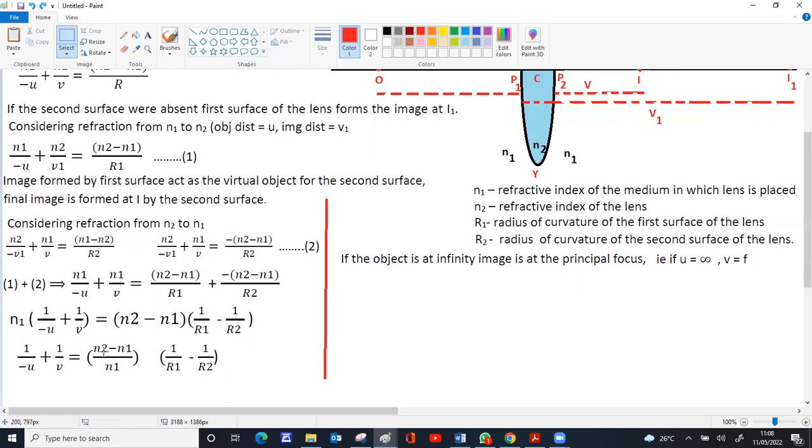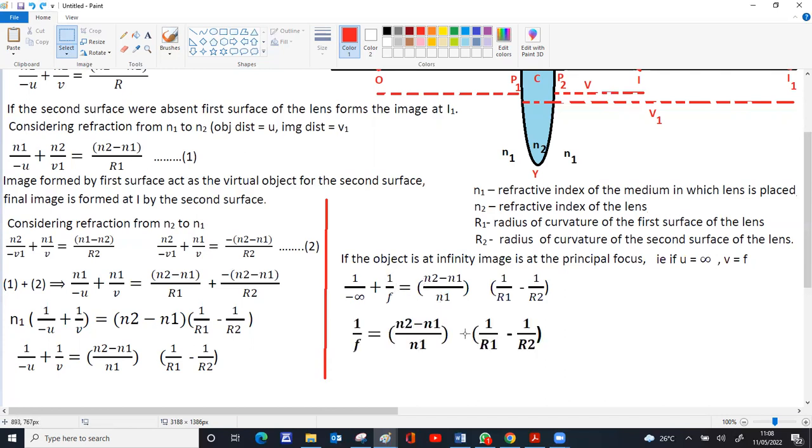Like what you have done, you can change N2 minus N1 by N1 as N2 by N1 minus 1. So 1 by infinity will be 0. It will be 1 by F equals N2 minus N1 by N1 into 1 by R1 minus 1 by R2. So this is basically the Lensmaker's formula. You can keep it separate as N2 by N1 minus 1. And 1 by F is the same as the power.